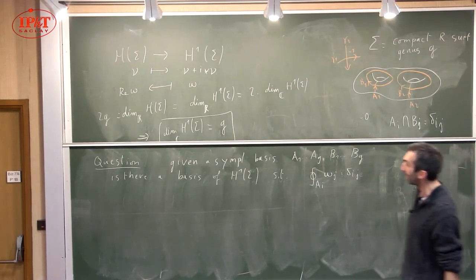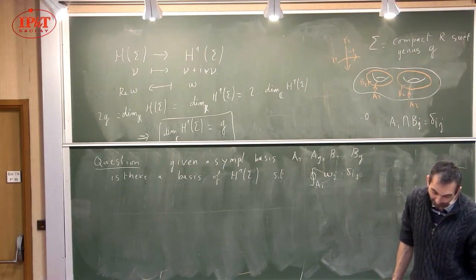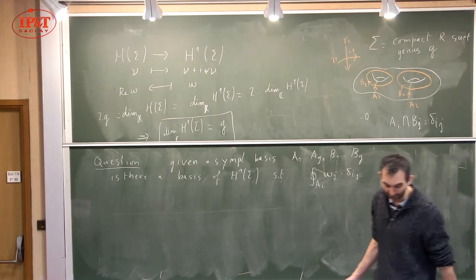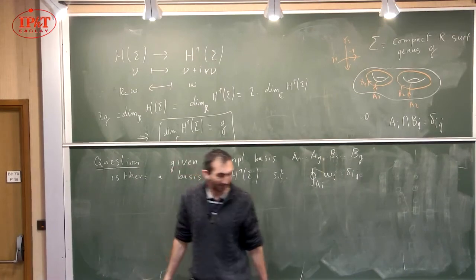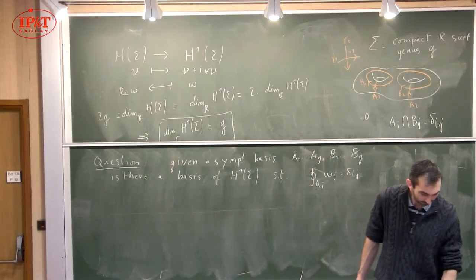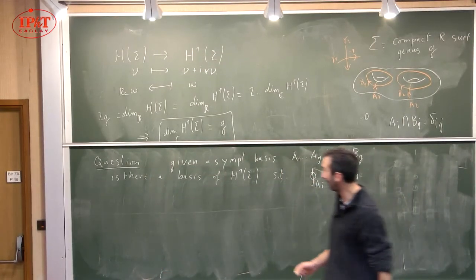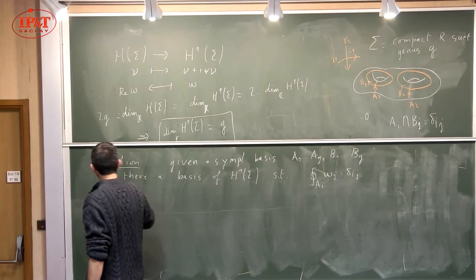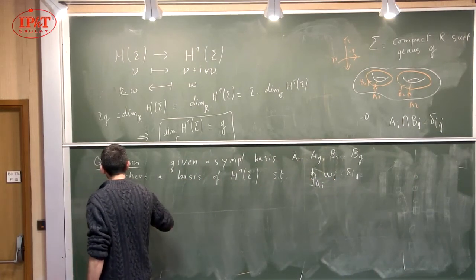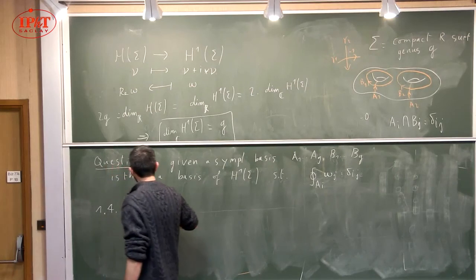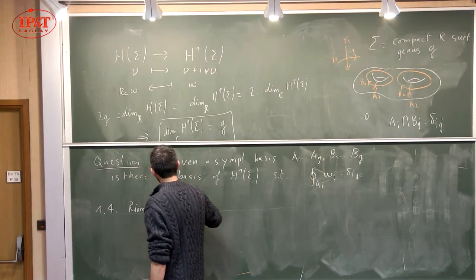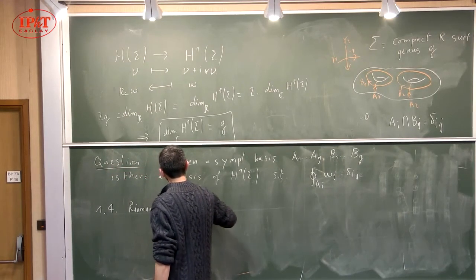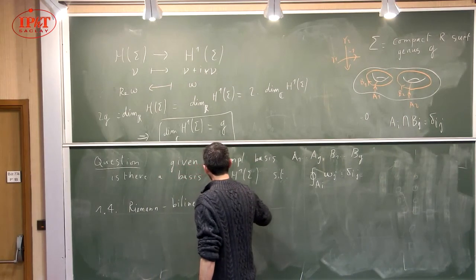In fact, it will be true, but the proof is not that straightforward, and it mostly relies on something called the Riemann bilinear identities. In my notes, this is 1.4, Riemann bilinear identities.